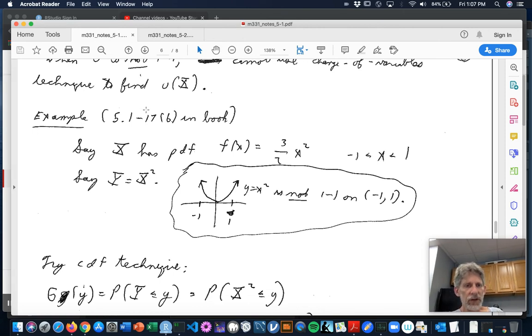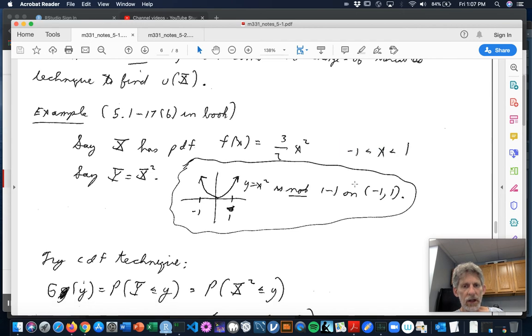So this is exercise 17, part B in the book. Say that x has this PDF, 3/2 x squared, x is between -1 and 1. So here's a graph of the PDF, and well, not quite, because it's just y equals x squared, not 3/2 x squared. Oh, I'm sorry.